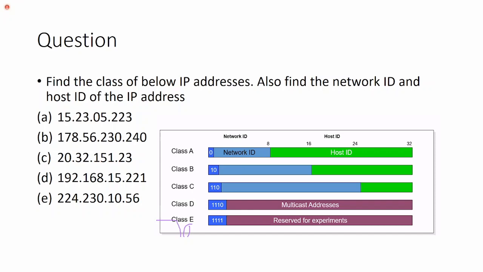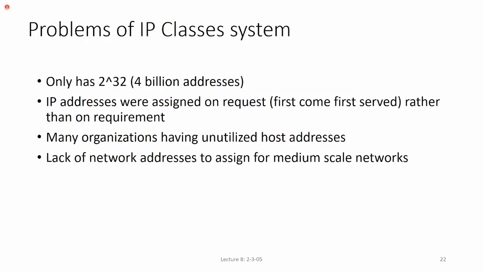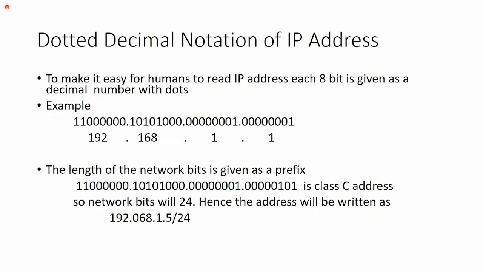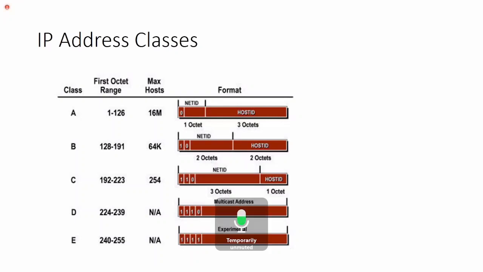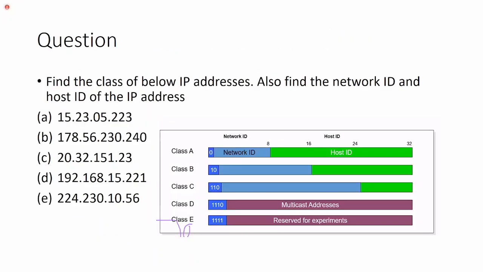E, 224. 224 means it's a class D, right? Class D, we don't have a separate network ID and host ID because it is used for a different purpose, multicasting addresses. Remember, I told you when you want to send a broadcast message, there is a specific special IP address we use.